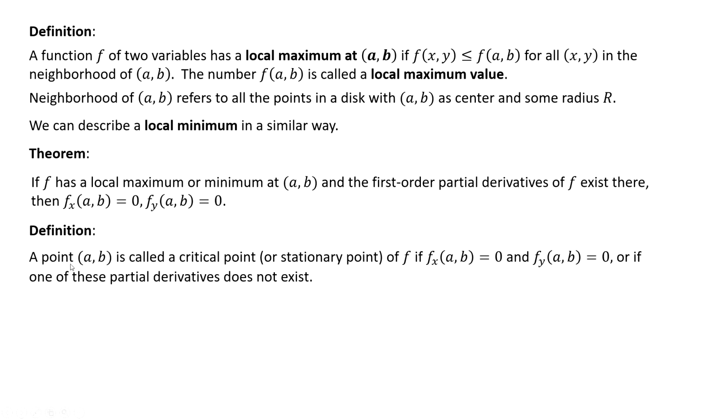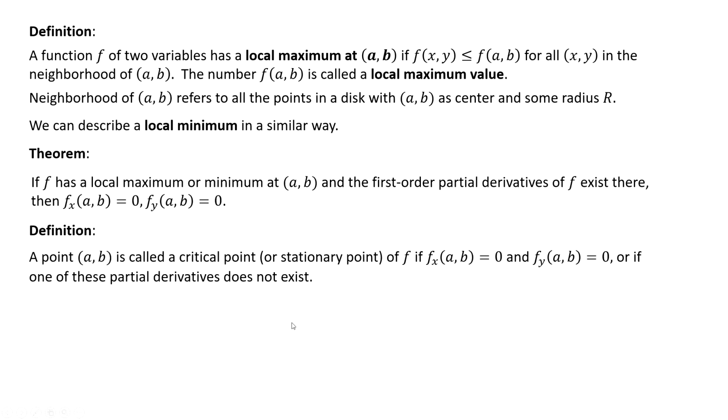Okay. A point (a, b) is called a critical point, yeah, we need to define critical points, or stationary point, if partial f with respect to x or partial f with respect to y is 0, or something else could happen: if one of these partial derivatives does not exist.